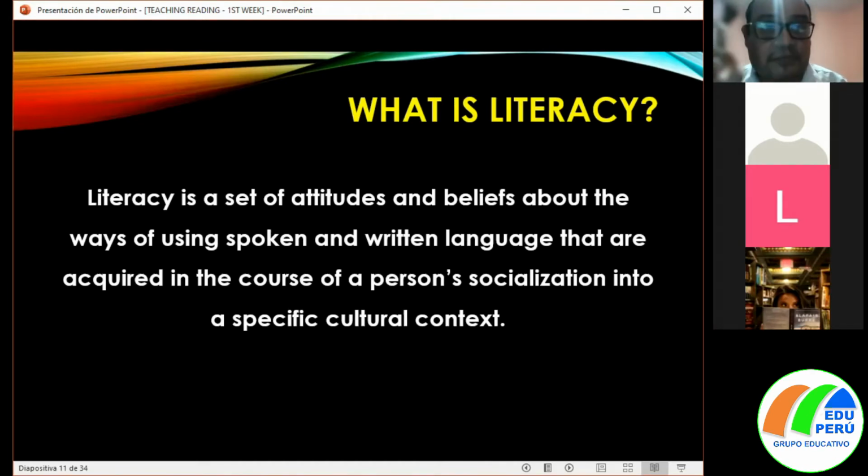So, remember, when you read something, it's very important to have a good literacy. Remember that we talked about that we are going to use some rhetorical structures. When do we use these rhetorical structures? When we speak and when we write.